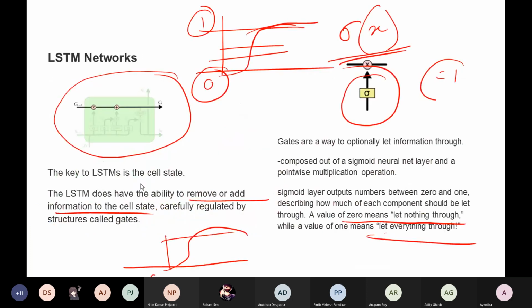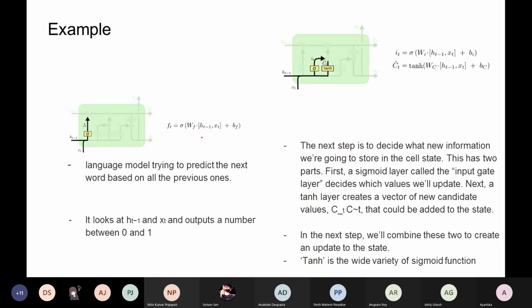Now, why is this sigmoid important? You can see the first part in your cell state. It is taking xt, that is your temporal input at that point, and ht minus 1, the effect coming from your previous temporal input. Both of these get their weight factor, then the bias.